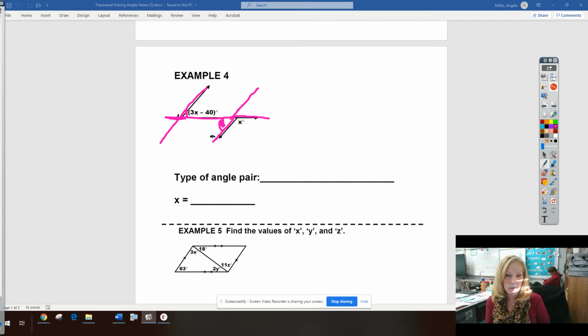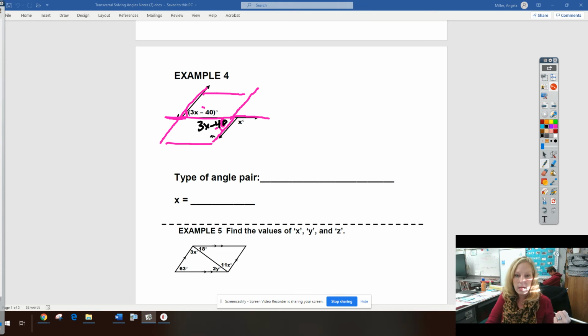Because those would be alternate interior. I'm going to draw the little house so you can see inside. So I know that this angle is equal to this angle, right? So I'm going to write it in because that's going to help me. It's going to help me solve my puzzle. All right, 3x minus 40.